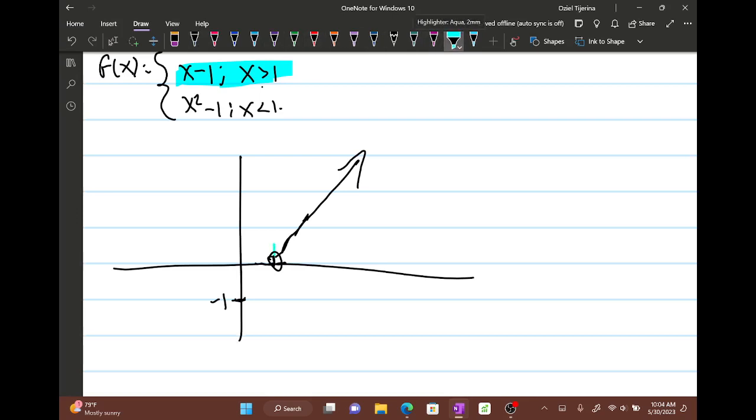So this is such that x is greater than 1. But if I look at this right here, x squared minus 1, such that x is less than 1, what this is going to look like is it's going to go right here, but actually, let me fix that. One second, guys.